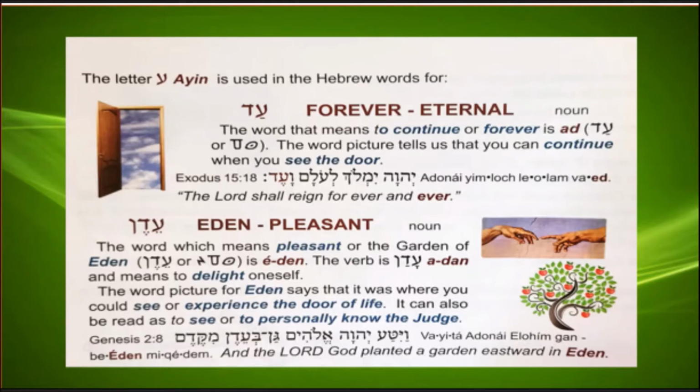And this comes out from all over Scripture, in one form or another, that Yahweh is eternal, Yahweh is forever. Okay, so the ever or eternal is the word ad. Okay, also Eden or pleasant. It's a noun.